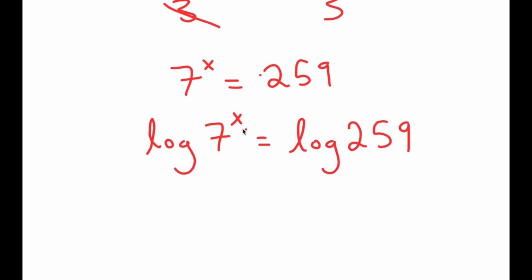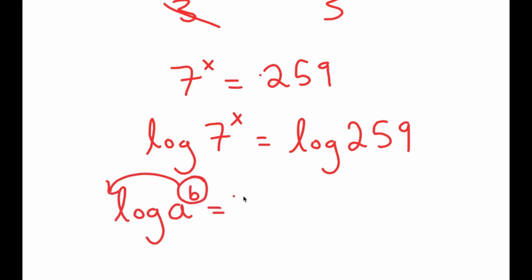And the reason I did this is because logarithms have a helpful property that states that if I have something in the form log a to the power of b, I can move this exponent b to the front, so this turns into b times log a.